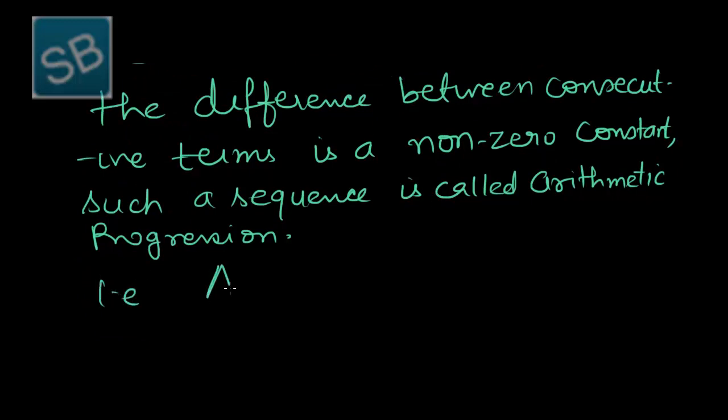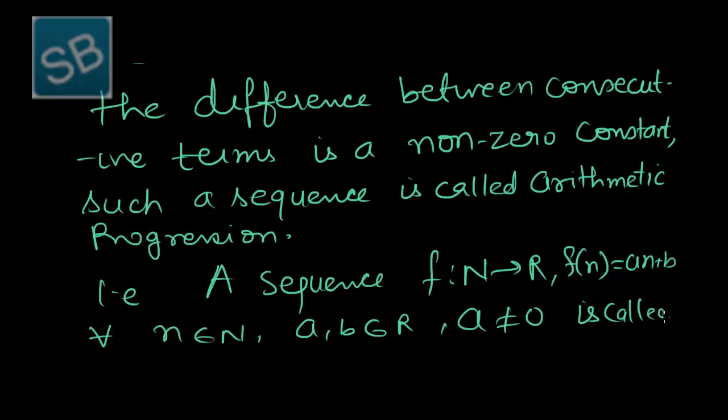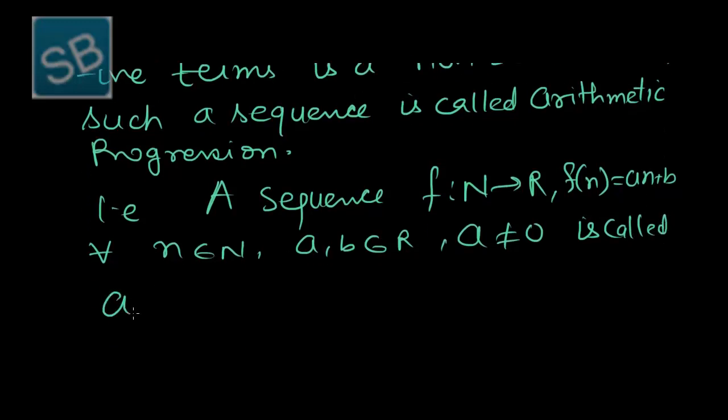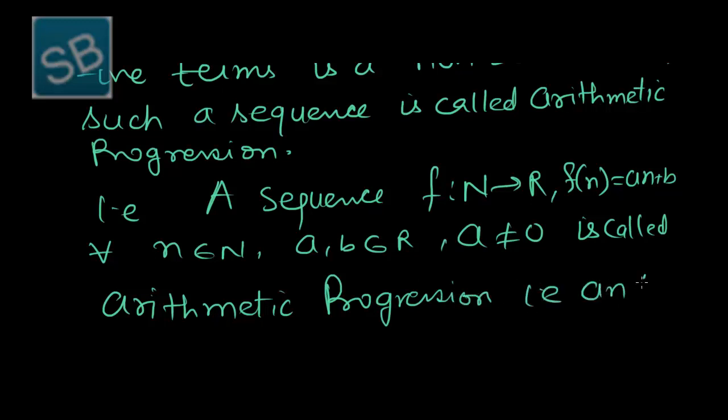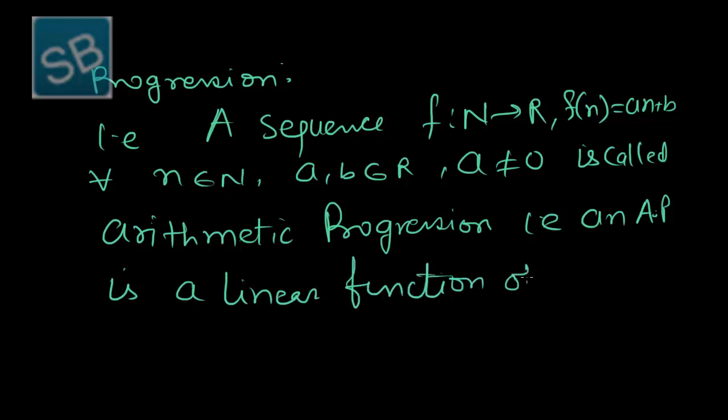Or in other words, we can define a sequence f from natural numbers to real numbers such that f of n is equal to an plus b for all n belongs to N, a, b belong to real numbers, and a is not equal to 0, is called arithmetic progression, that is AP. It is a linear function of n for all n belongs to natural numbers.